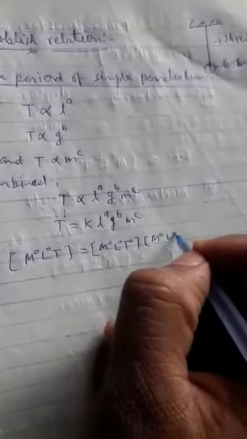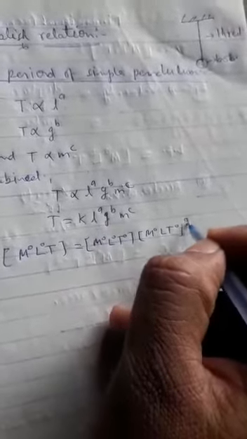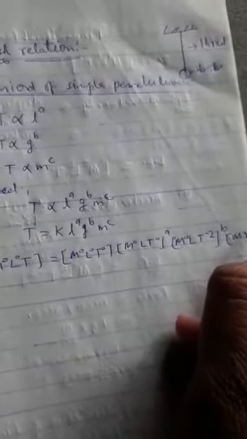Length, whose dimension formula is M0 L1 T0, with power a. g is the acceleration, whose dimension formula is M0 L1 T minus 2, with power b. And mass, whose dimension is M1 L0 T0, with power c.